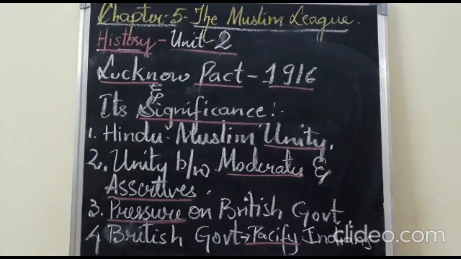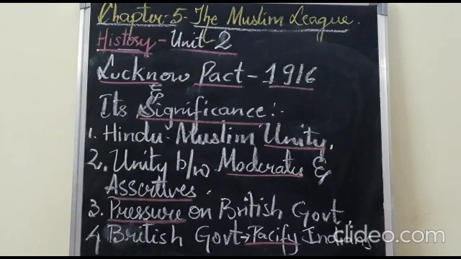Assertives were finally expelled for 9 long years and they remained out of Congress. And now, after 9 long years, it was a real luck for them when they signed the Lucknow Pact in the year 1916. So what is this particular Lucknow Pact, signed in the year 1916? We will learn its significance.